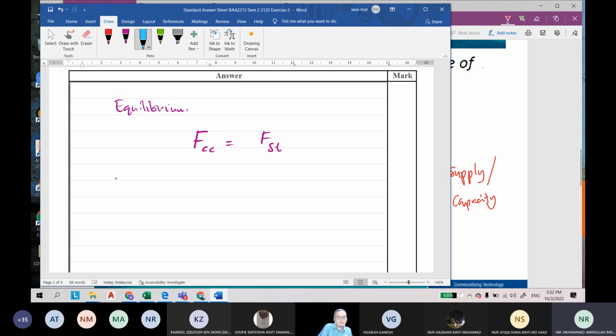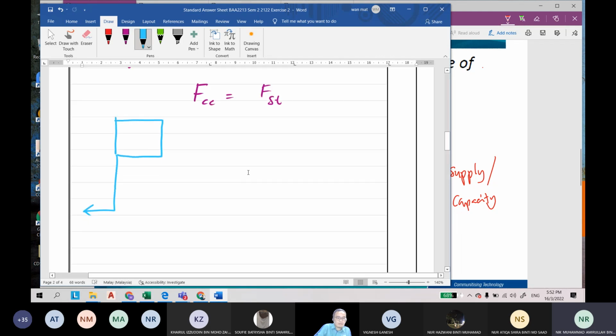This is the stress block, and here is B, and this is your X. At the center is your FCC, and here FST. B times X is your area, right?